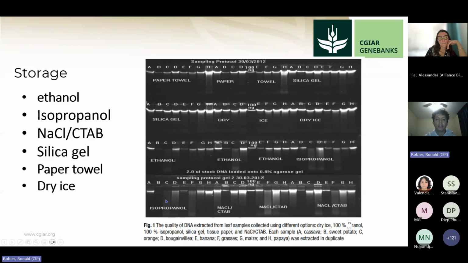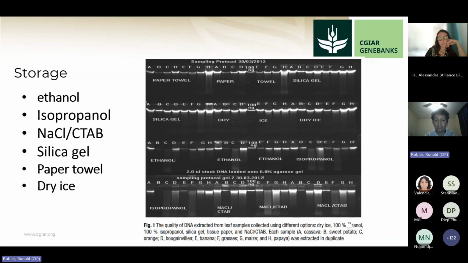And we can see that the methods in which the tissue was preserved only in paper towel, or desiccated in silica gel, or frozen at low temperatures, as in the case of dry ice or liquid nitrogen, provided the best results for quality, and the lowest quality was obtained when the tissue was preserved in alcohols or in another solution of CTAB or sodium chloride.